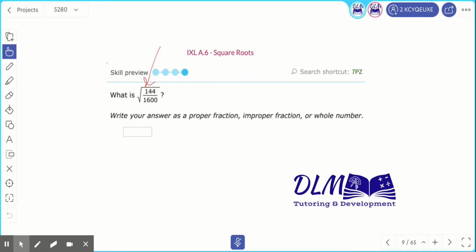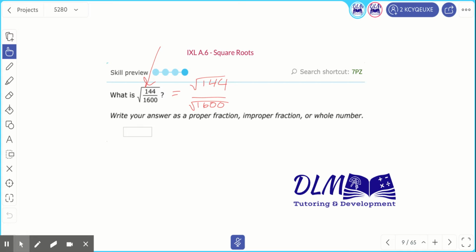Well, in order to do this, I'm going to remember a very important property of quotients when it comes to square roots, which says that if I take the square root of a fraction, that is the same as taking the square root of each one of the numerator and denominator by itself and keeping it in that fraction. I'm going to get the same result.